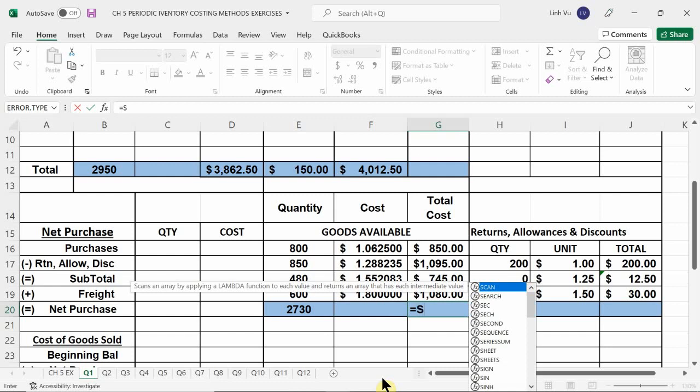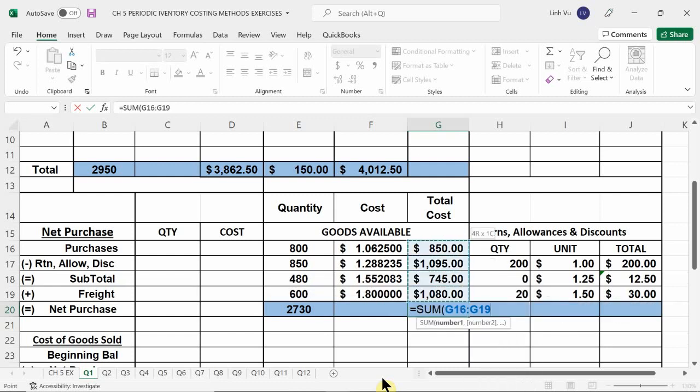What's my total cost here, my total new value of cost? $3,770.